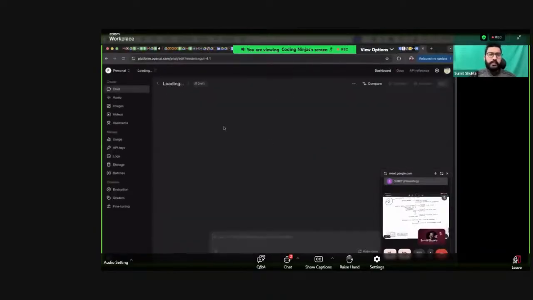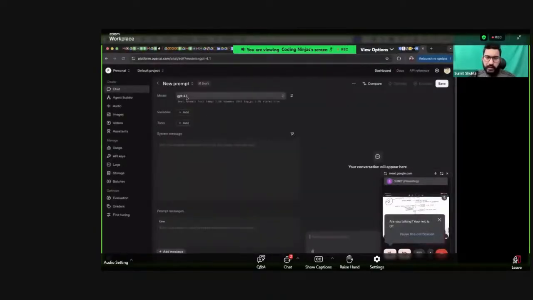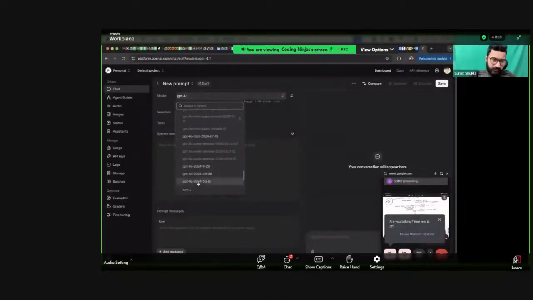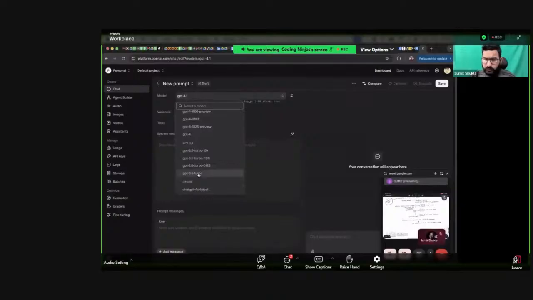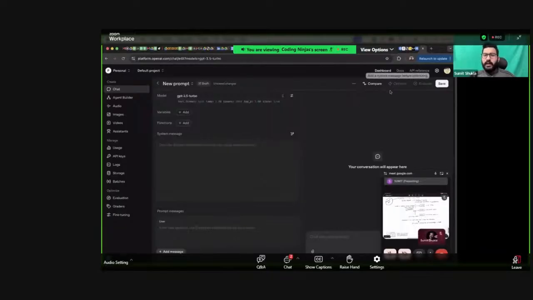So this is the website. Now here you can see that the model I have selected is 4.1. Let me select an older model. The oldest model is 3.5 turbo. Let's use this model. And now I'll write a question over here.